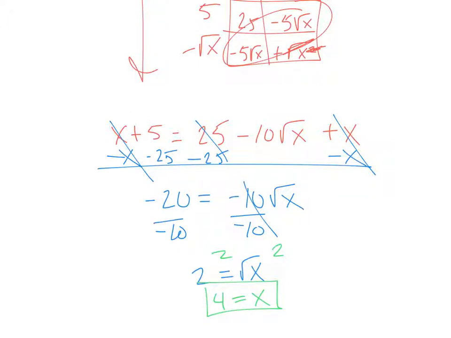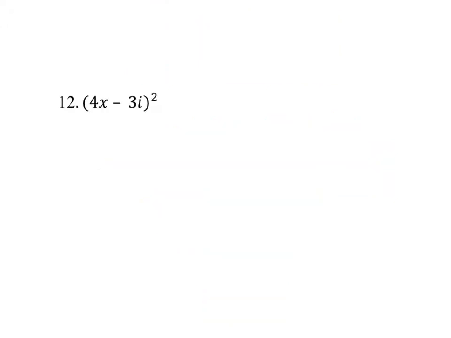It is not extraneous. Okay, so the next question has a squared. You cannot distribute the squared because there is subtraction here. It is a binomial. So because it's a binomial, you have to do box method. You have to. So I'm going to write this out twice and do box method or FOIL, whatever you prefer.